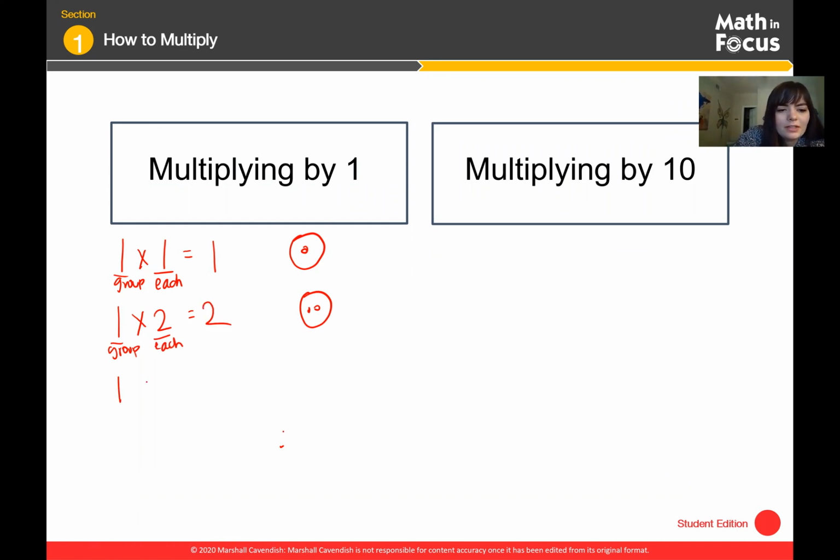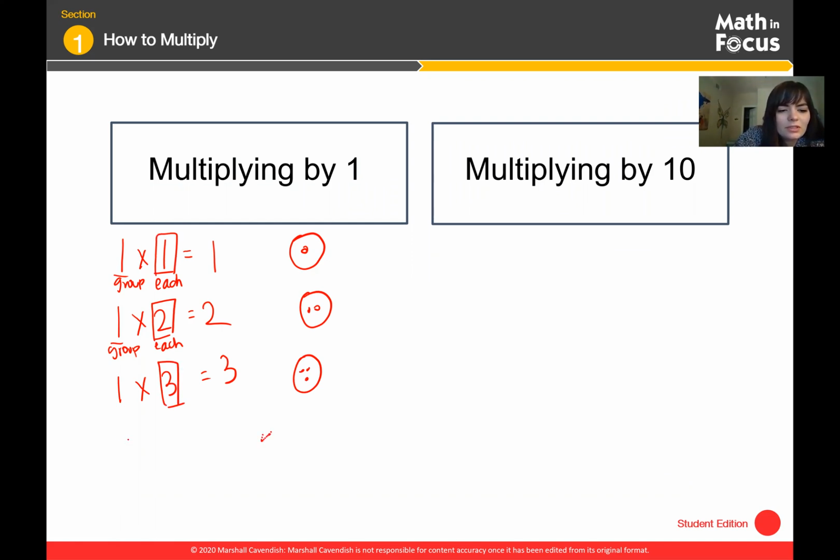What about 1 times 3? I'm going to have one group with 3 inside, so I'm going to get 3. Are we seeing a pattern here? Basically the pattern is anything that you multiply by 1 is just going to be that same number.